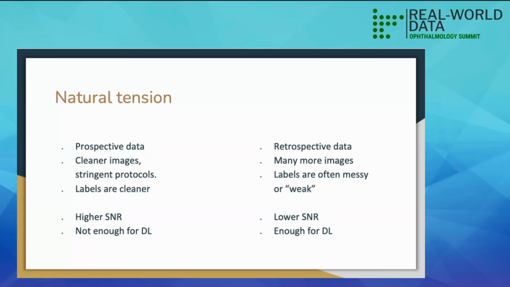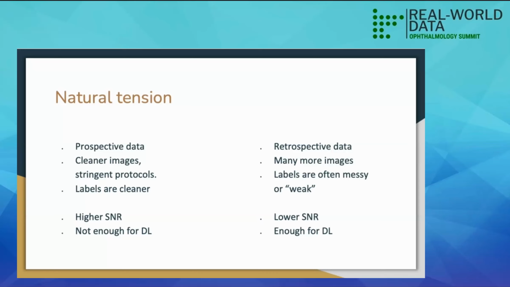An interesting byproduct of using real-world images, quote unquote, from retrospective data sets is that they often can lead to more robust models, because the models have been trained with the variance of noise that is present in real-world imaging.